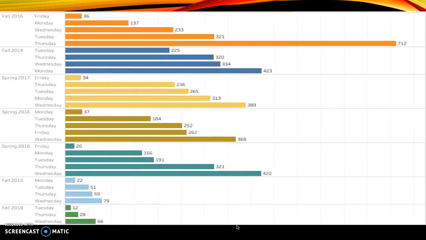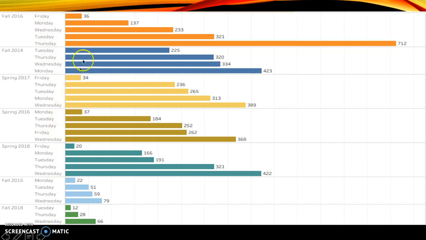And then I took all that data, and this slide and the one previous is where I made a dashboard where you can see the semester statistics, and you can also analyze the day-by-day statistics.